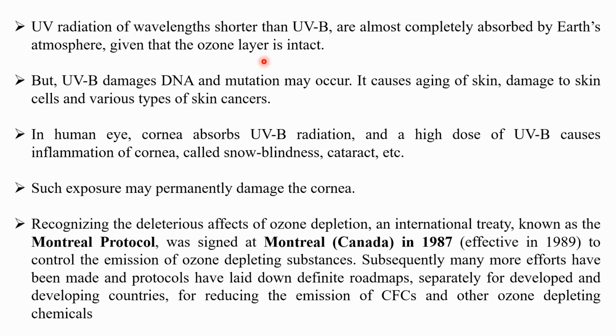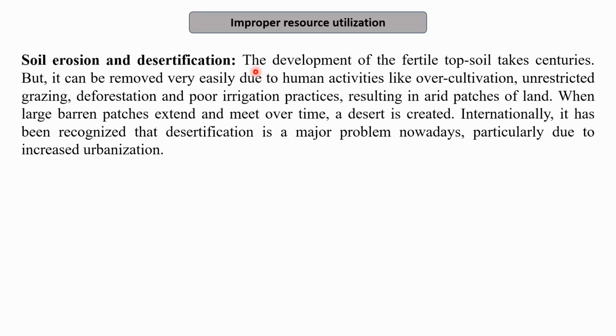Subsequently, many more efforts have been made and protocols have been laid down, definite roadmaps separately for developed and developing countries for reducing the emission of chlorofluorocarbons and other ozone depleting chemicals. So the Montreal Protocol was an international treaty signed in Canada in 1987, effective from 1989, that works on the control of the emission of ozone depleting substances.